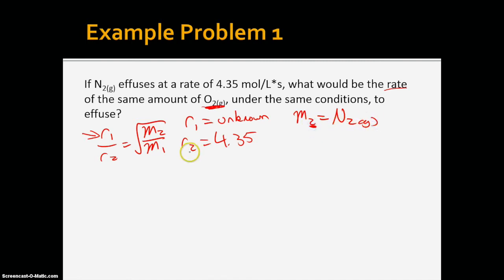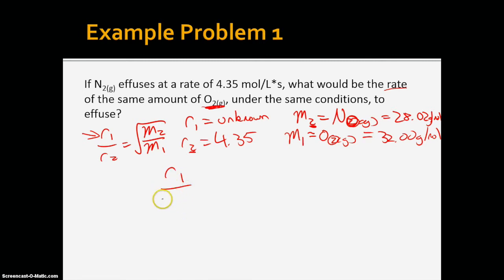Okay, and then you just look at the periodic table to find the molar masses. Remember, it's diatomic, so you have to add them up. And for oxygen gas, M1, again remember diatomic, so that will equal 32.00 grams per mole.